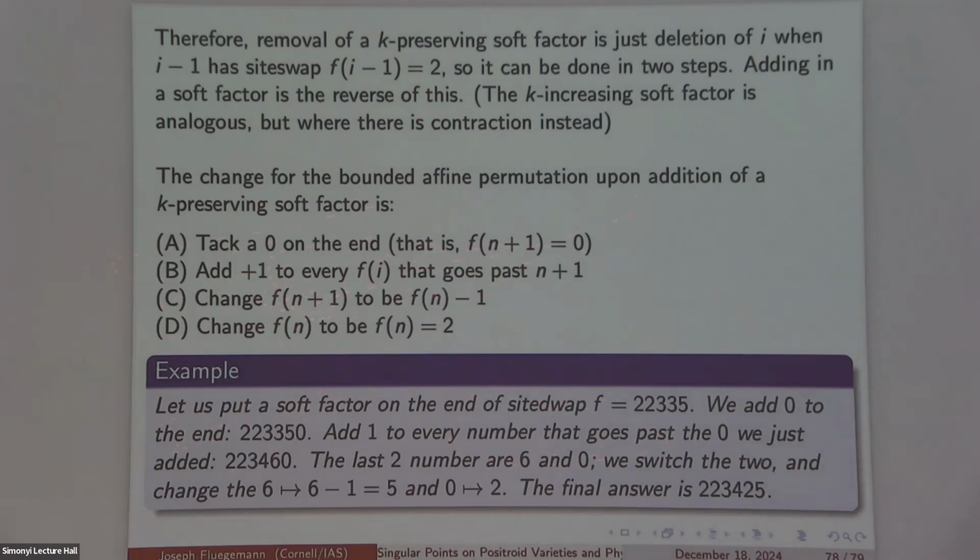I guess my talk is done, but I was going to make a comment. Putting in the inverse soft factors is not a commutative operation, so it depends on the order that you put them in. But deletion and contraction is just intersecting with these sub-Grassmannians, so that is a commutative operation.